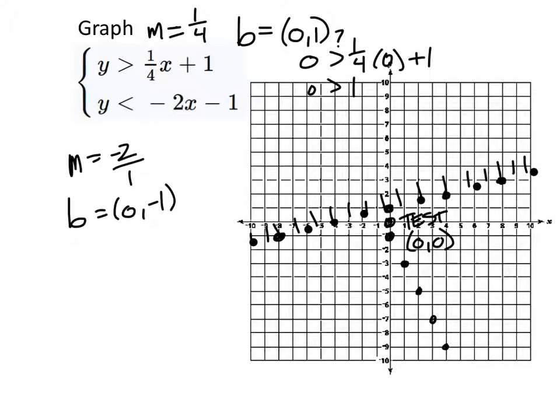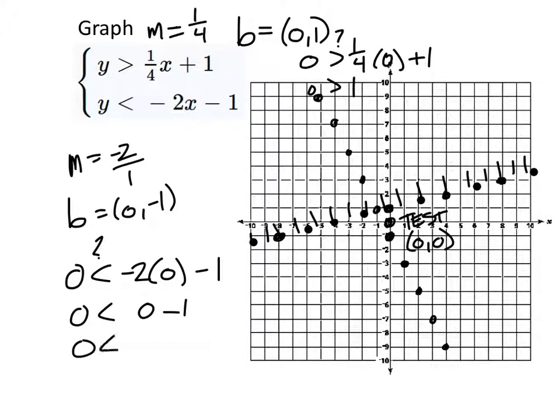I'm just using my slope to get these points, but I can go up 2 to the left 1 for these other points. So it's already dotted, and I'm going to test 0, 0 once again. So I got 0 is less than, question mark, negative 2 times 0 minus 1. So 0 is less than 0 minus 1. 0 is less than negative 1. That's false as well. So I'd be shading on this side of that line.